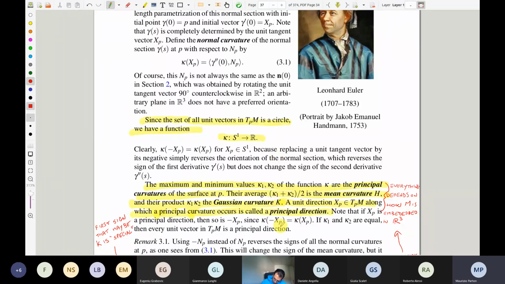I would say the even degree terms are intrinsic invariants in the sense I have told you, and the odd degree terms are not intrinsic invariants, but they depend only on the direction of the normal vector. It means that if you take the absolute value of them, then they are intrinsic invariants.